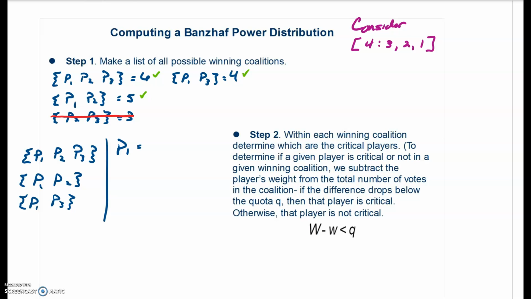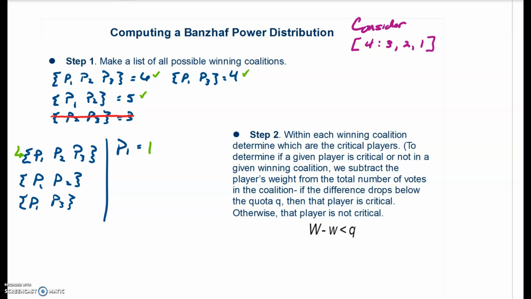For example, in this first coalition, if I take player 1 out of this coalition, I'm left with 2 and 3 alone, and 2 and 3 alone is not a winning coalition. So that means player 1 is critical in this coalition. Then I look at the next winning coalition.